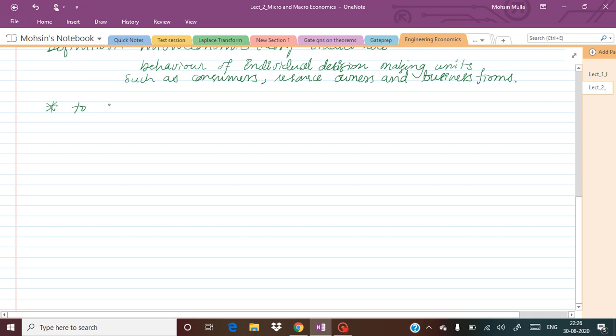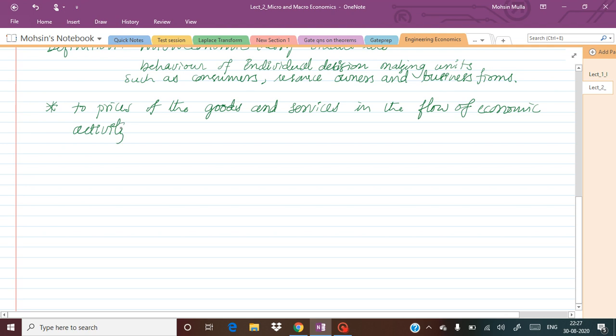Finally, the main goal of this is to determine the prices of the goods and services in the flow of economic activity.